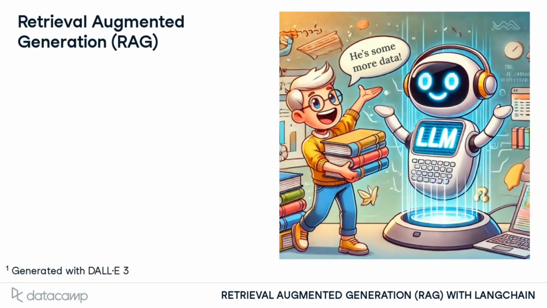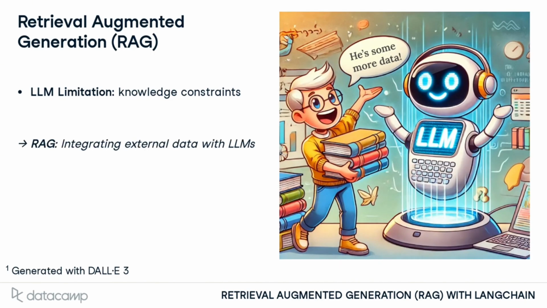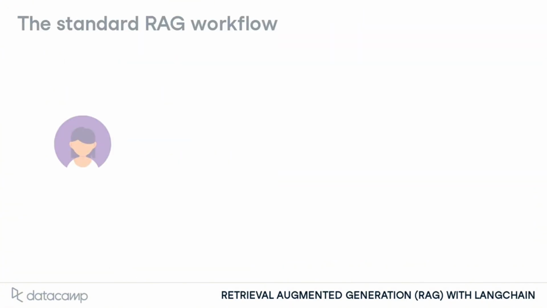Large language models, or LLMs, have become integrated in many of the systems and applications that we interact with in our day-to-day lives. One of their key limitations is that their knowledge base is constrained by what was included in their training data. In this course, we'll explore how Retrieval Augmented Generation, or RAG, allows us to overcome this by integrating external data sources into LLM applications.